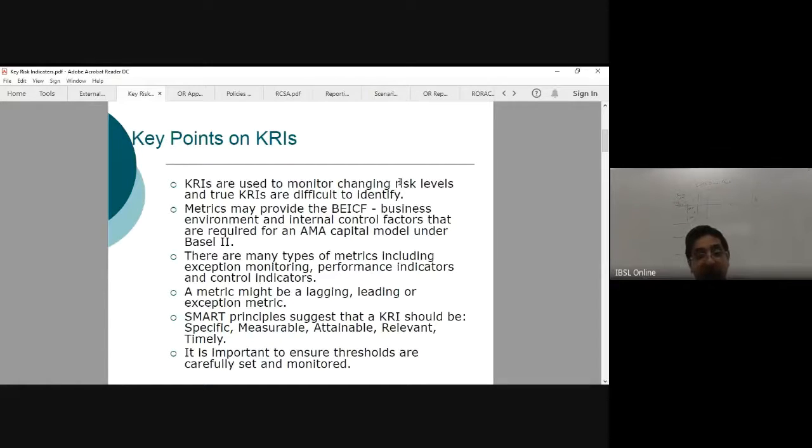I'm just referring to an example of a KRI: number of ATM breakdowns per week. Your limit is 1, or your risk threshold is 1. If it is more than 1, then action is needed. So that is a simple example regarding key risk indicators.